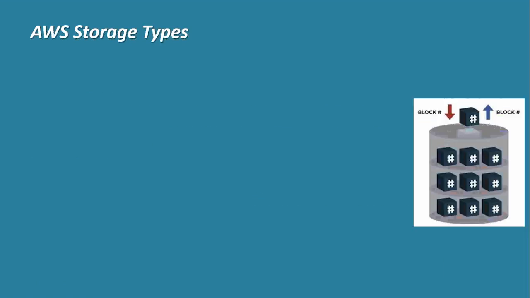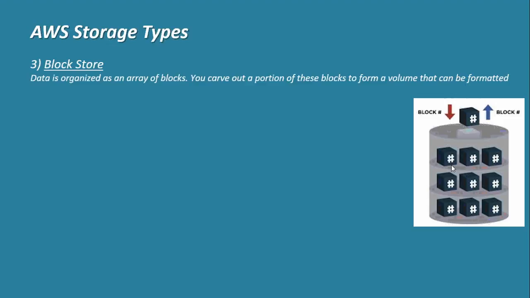The third type of storage is block storage, where the data is stored in different blocks. Block storage basically provides a volume to our machines or to the server.